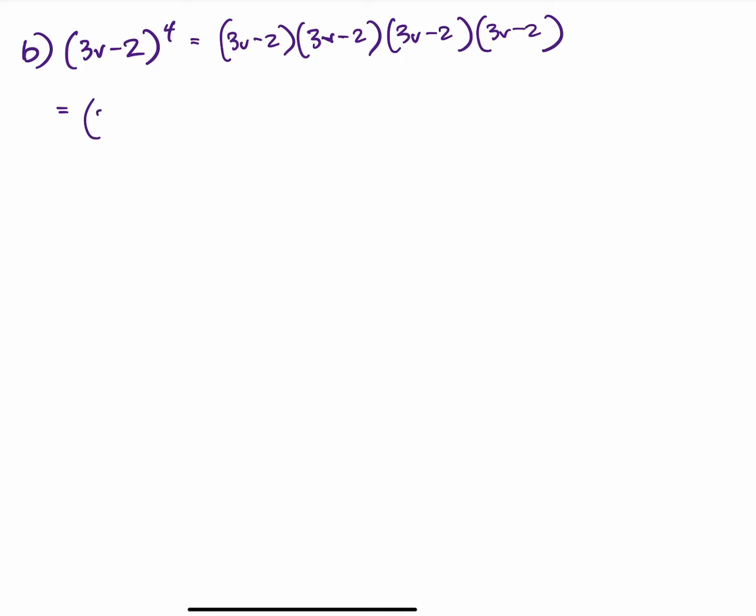I could write this as 3v minus 2 squared times 3v minus 2 squared. We could also be a little bit tricky and write it like 3v minus 2 squared, that whole thing squared, because we have 2 squared terms and they're the same and we're multiplying them together. So we could express this in a few different ways.